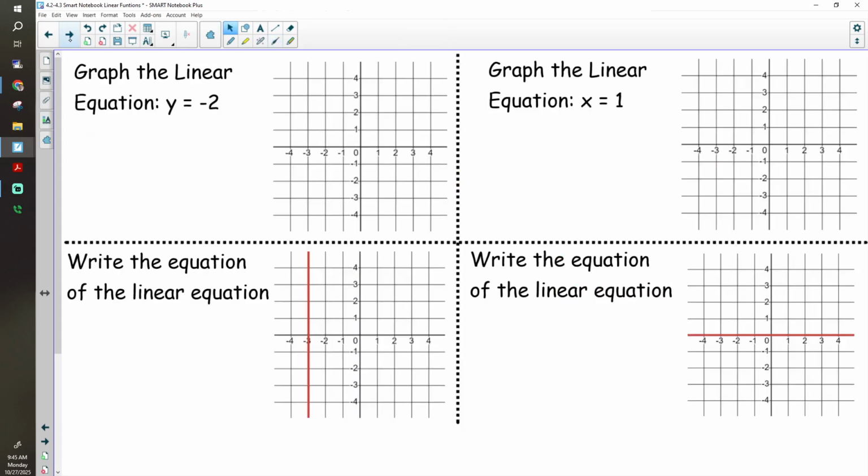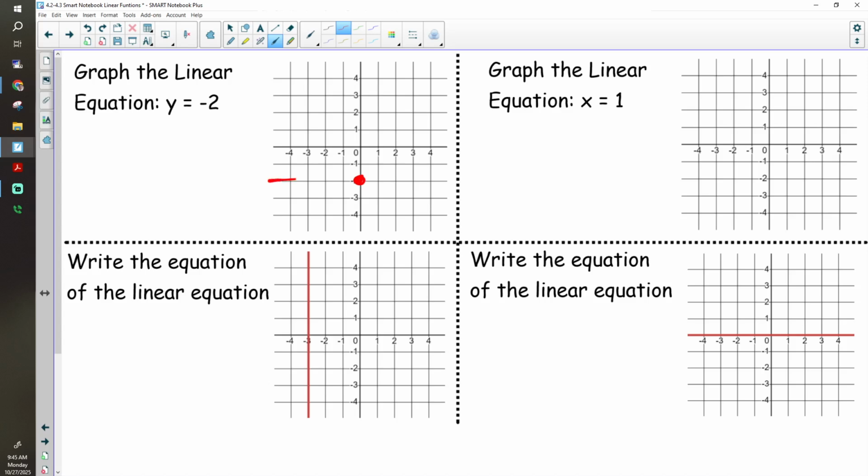So, if we look at these last couple examples, so here, the equation y equals -2. You plot the point. Y is -2, so I go to the y-axis, and I plot -2. Is y flat or up and down? Flat.